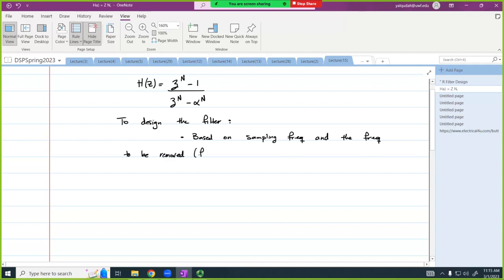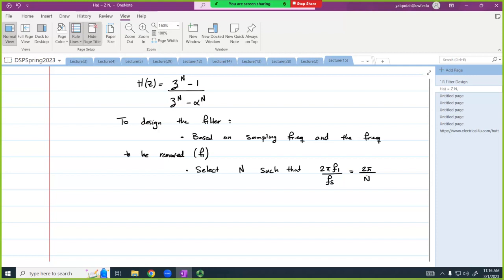Let's call that F1, the fundamental frequency that we want to remove. We select N such that 2 pi multiplied by F1 divided by Fs is equal to 2 pi divided by N. Does that make sense? What's Fs here? Sampling frequency.